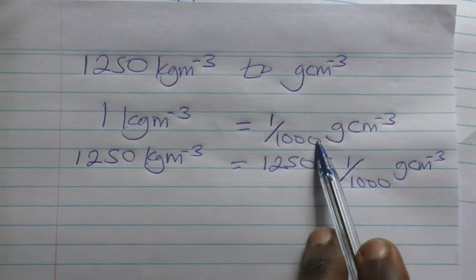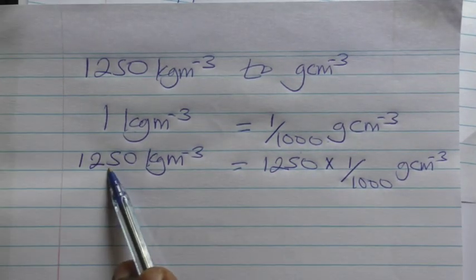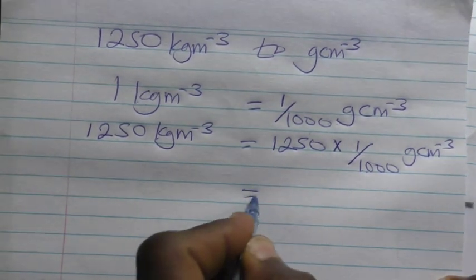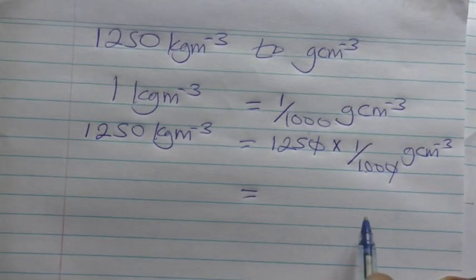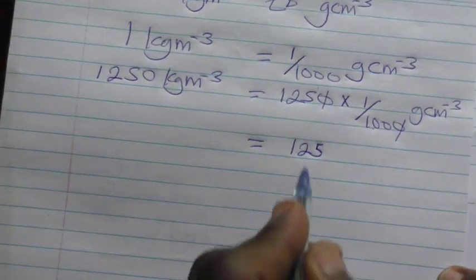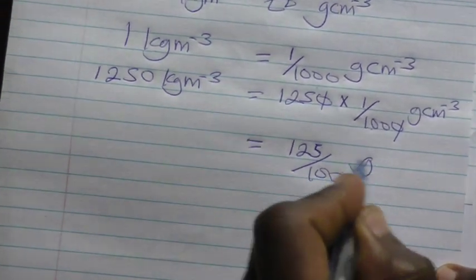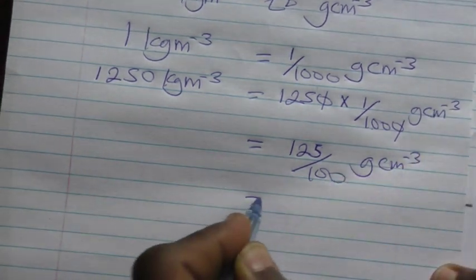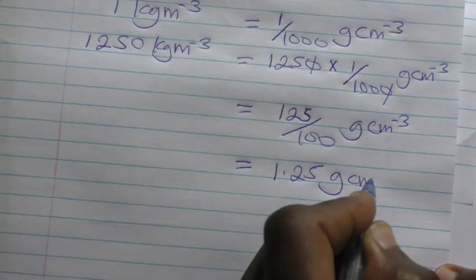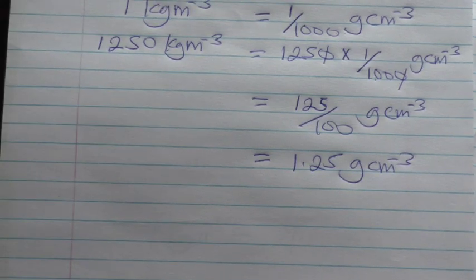So if 1 is equivalent to that, then we just multiply whatever we are given by the equivalence of 1. So that gives us, we can reduce, 1250 over 1000, and this will be in grams per centimeter cubed. We end up with 1.25 grams per centimeter cubed. So that is how we shall convert from kilogram per meter cubed to grams per centimeter cubed.